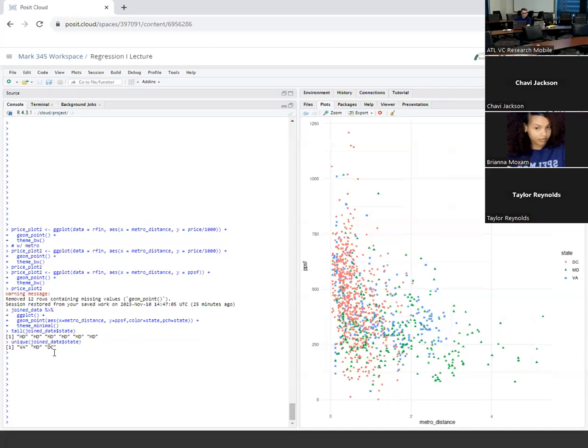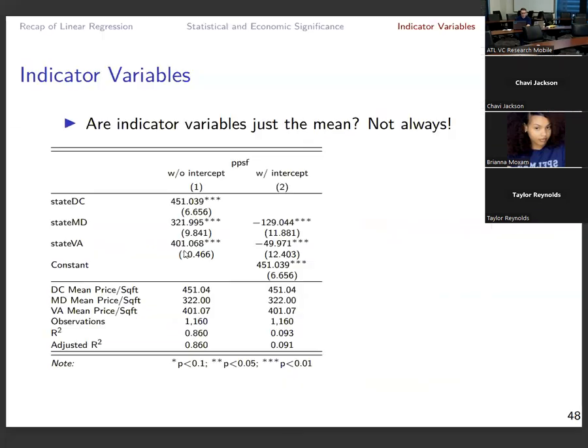So the way that my results are going to be ordered when I use this in my regression is that the first one in my factors is going to be the base, and in this case it's going to be DC, followed by Maryland, followed by Virginia, because it's ordered alphabetically. And that's why I set it up this way.